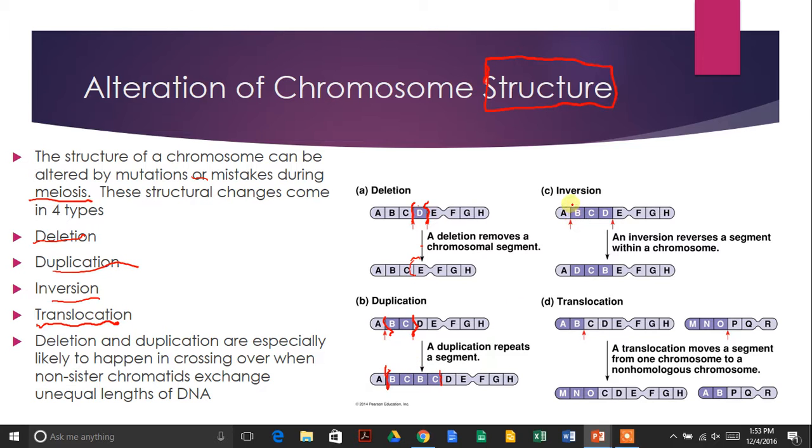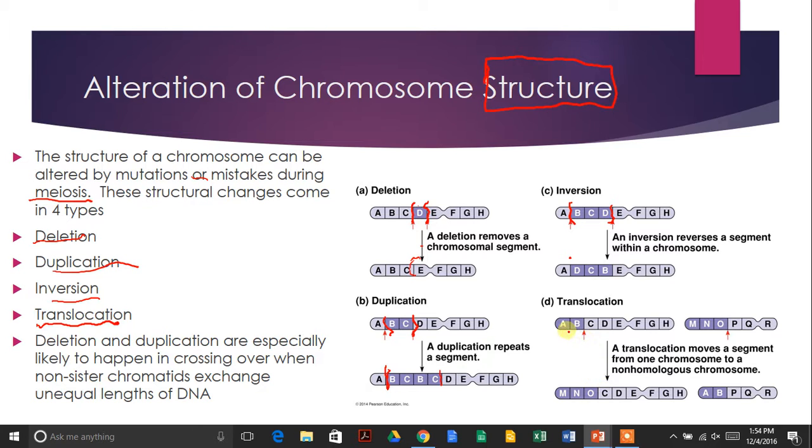An inversion can happen, where literally our chromosome breaks in 2 spots and the DNA in that stretch is flipped in the opposite order and ligated back together, so it's inverted. And last but not least, 2 non-homologous chromosomes during crossing over in meiosis 1 and metaphase 1 can switch unequal segments.